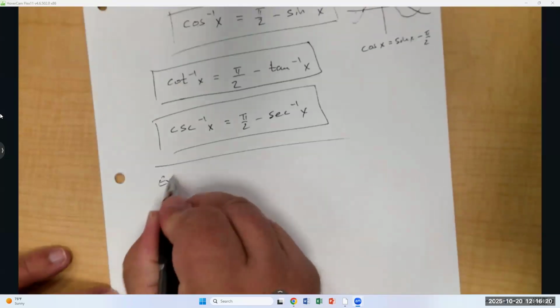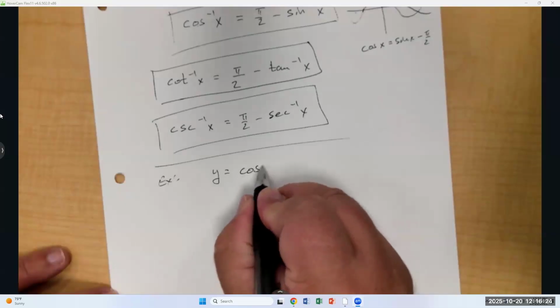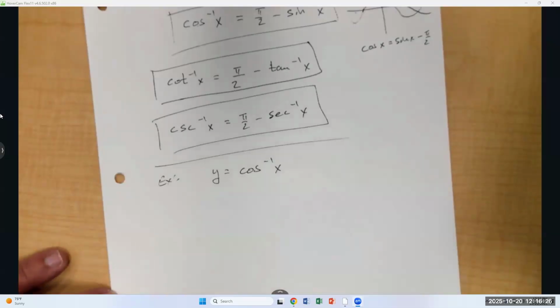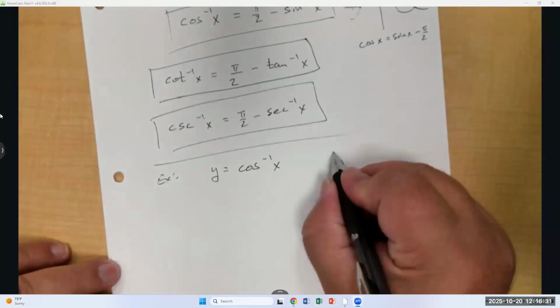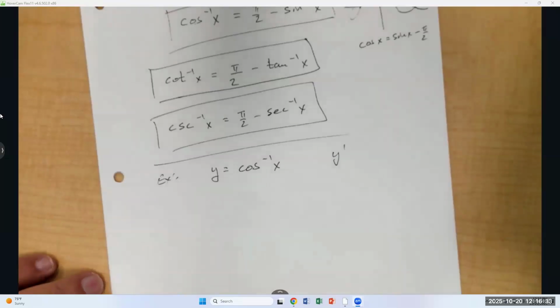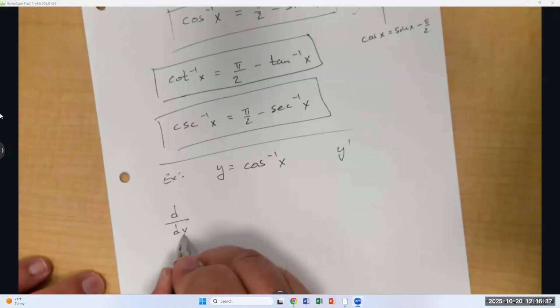So as an example, what if we had cosine arc cosine of x? Find the derivative of that.